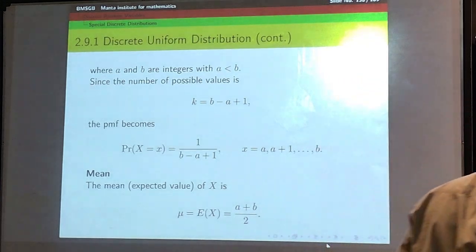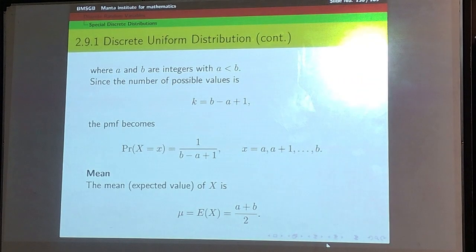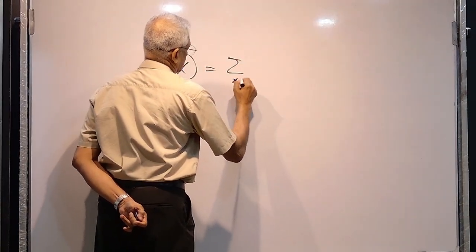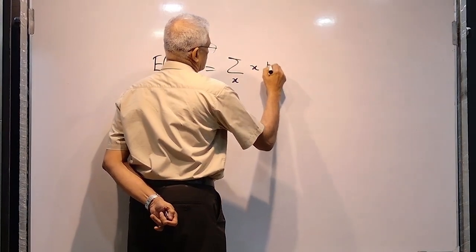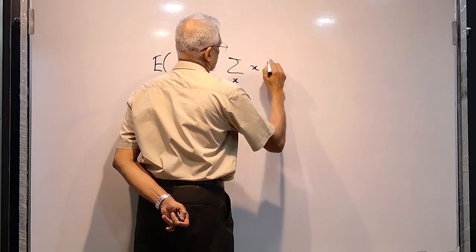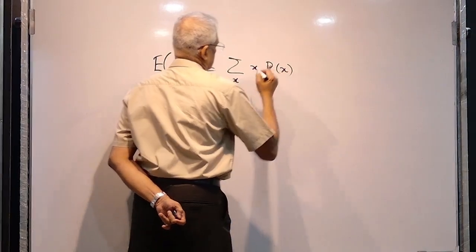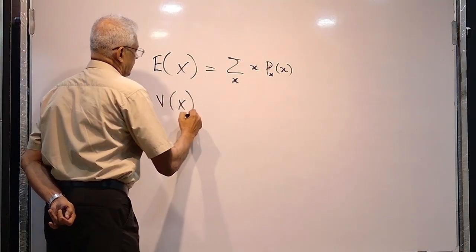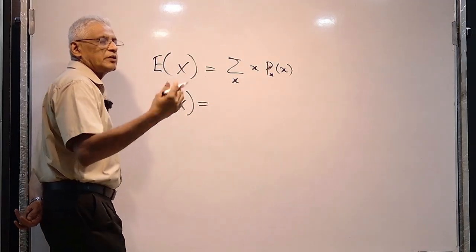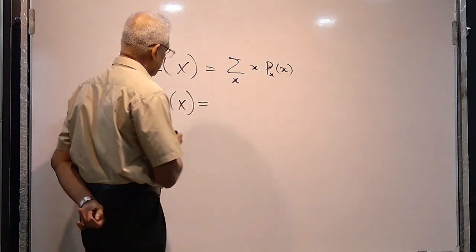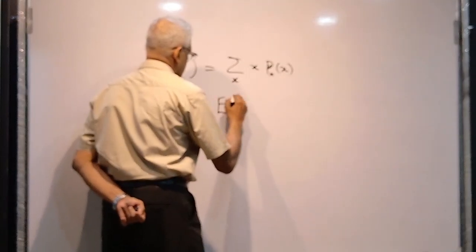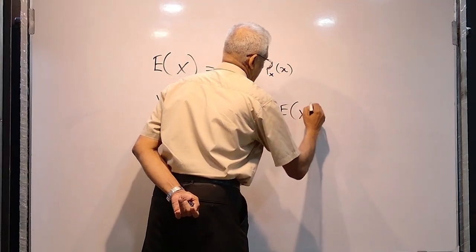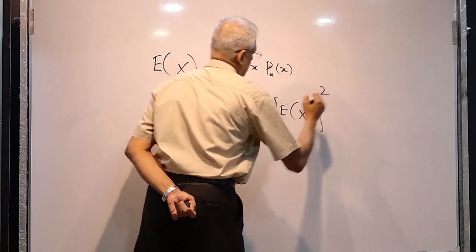We know the expected value of x is equal to the summation over all possible x's, x times p(x). Right. And the variance usually we calculate by using the computational formula, that is obtained as expected value of x square minus expected value of x whole thing square.